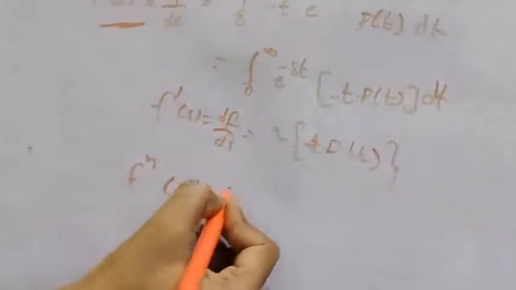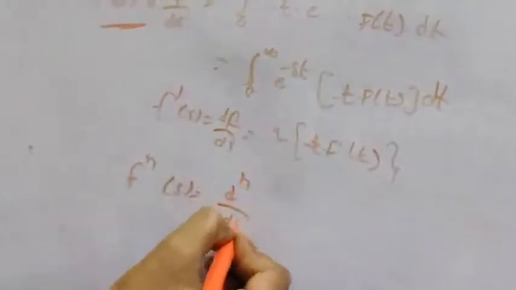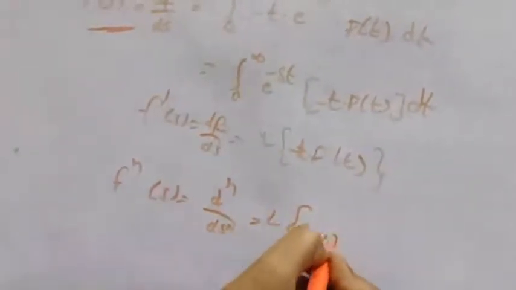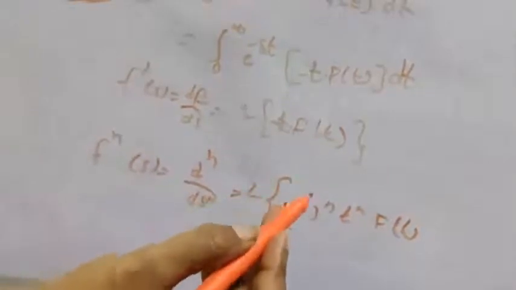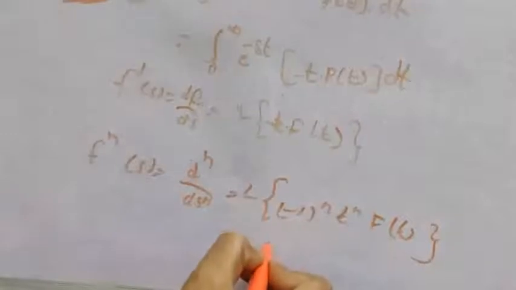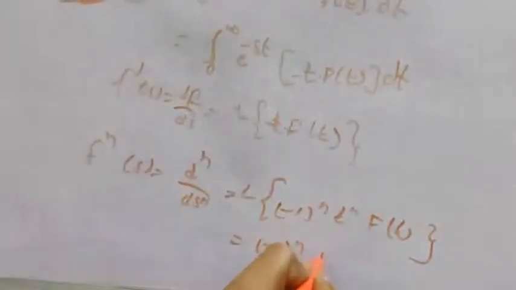If you carry out differentiation n times, what will you get? F n of s is equal to d power n by ds power n is equal to L of minus 1 whole power n t power n into f of t, or you can write it as minus t whole power n into f of t, or minus 1 whole power n into L of t power n into f of t. So hence we have proved the derivative of Laplace transform.